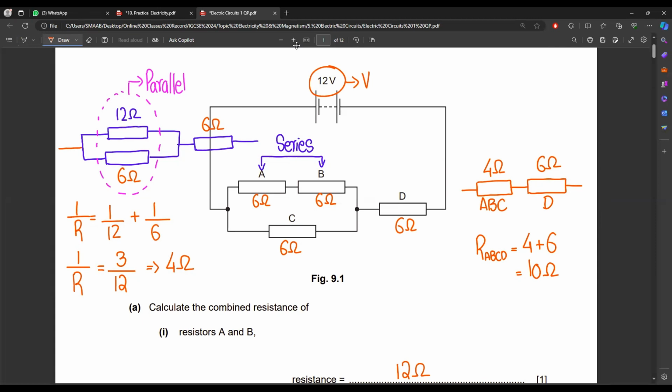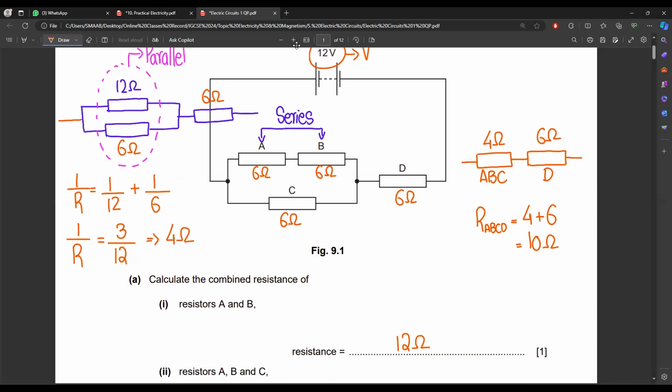Basically in this concept we use the formula of Ohm's law, V equals IR, because current is unknown, voltage is given, and the value of resistance is already given. So we will use 10 ohms because this is the total resistance.